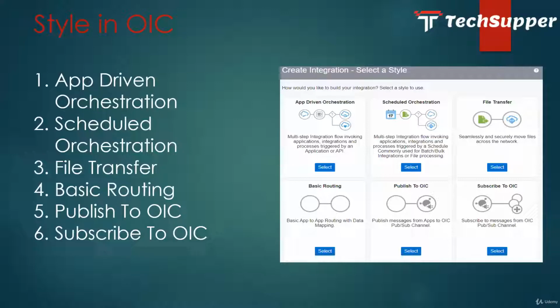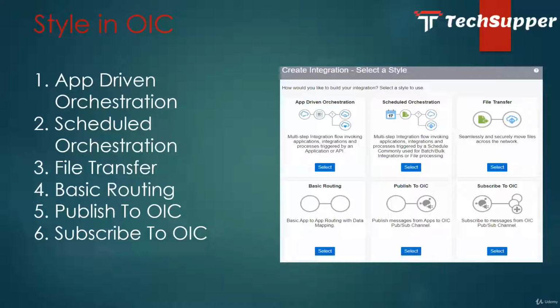Once an employee gets created, you can send this to the OIC messaging queue. Now you need to send this employee to the downstream applications. So you have to create two subscribers based on the subscribe to OIC pattern. When you use this subscribe to OIC pattern, it will allow you to choose the publisher integration.